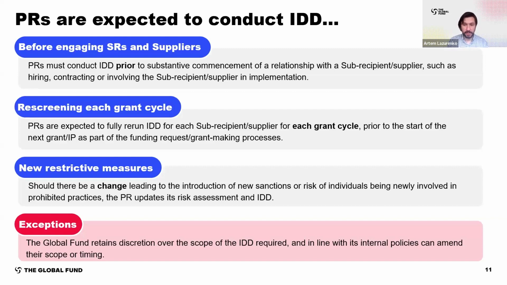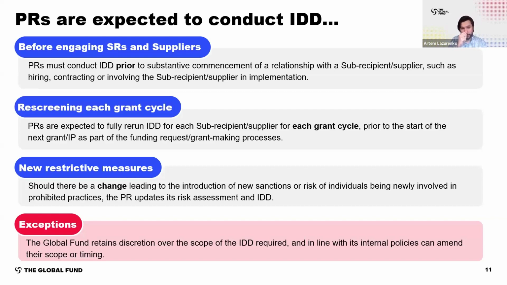So rescreening is essential, and we set out the requirement to do it at least once per grant period. So even if the same counterparties are retained in the new grant period, PRs are expected to redo their screening. And with respect to minimal requirements, this is a requirement to do so every grant period.